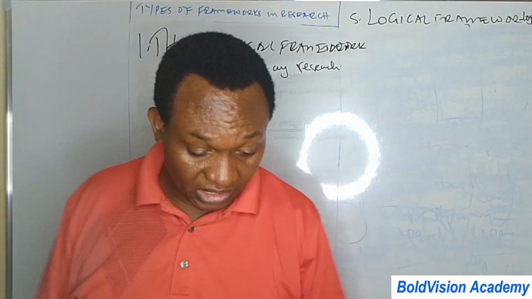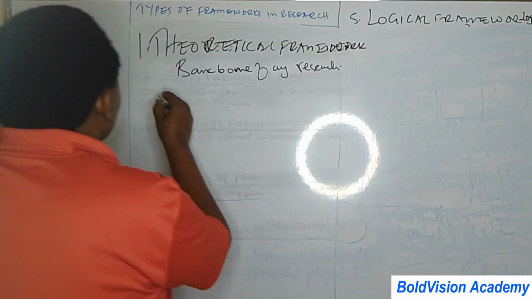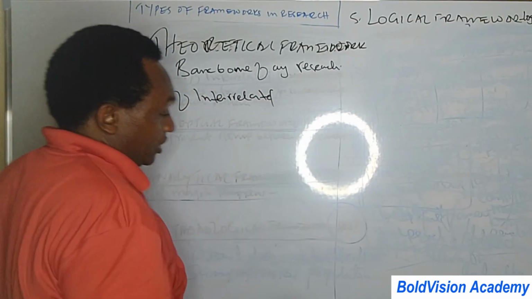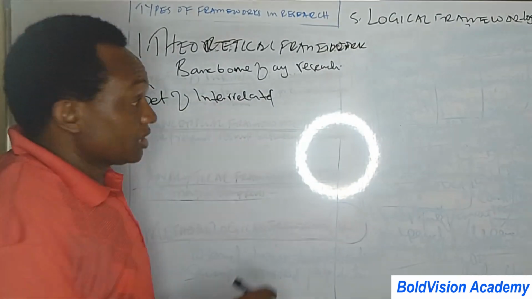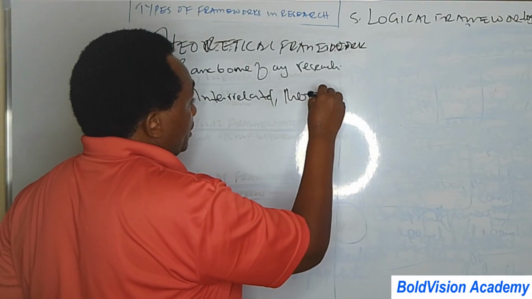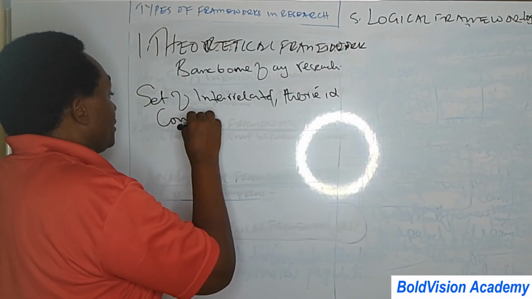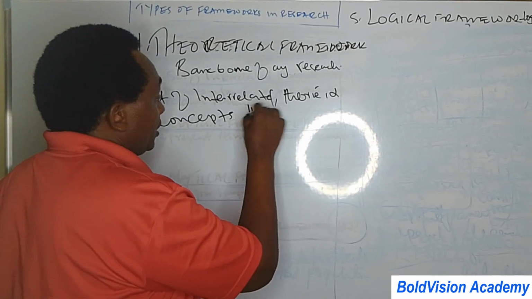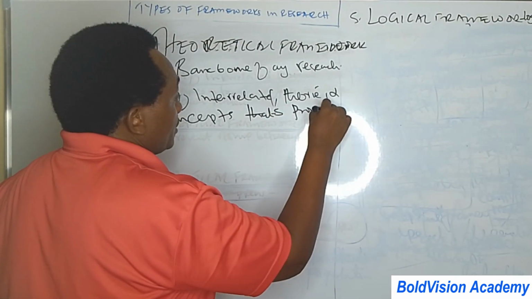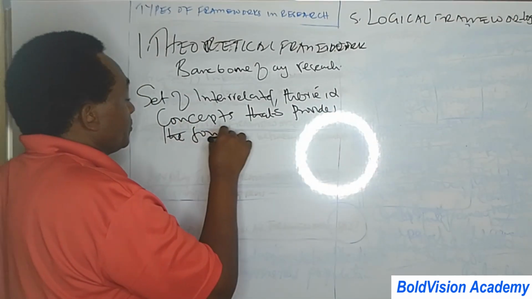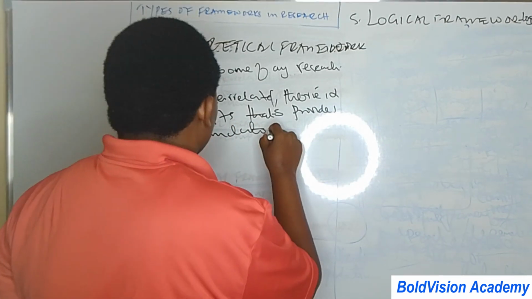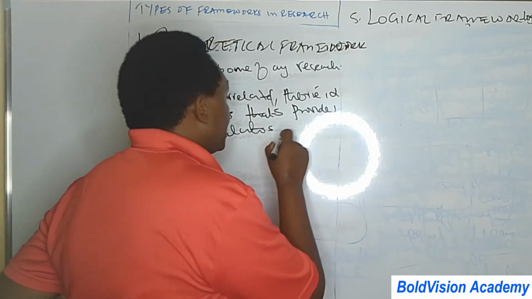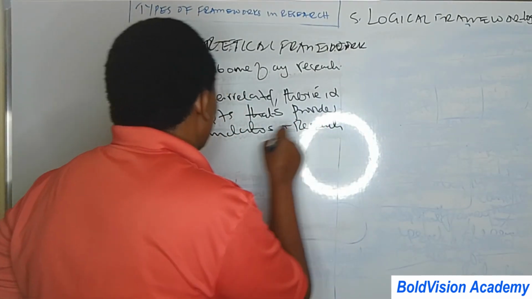In short, a theoretical framework is a set of interrelated theories and concepts that provides the foundation for trying to understand the research problem.